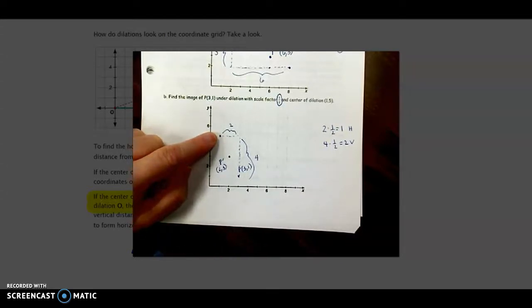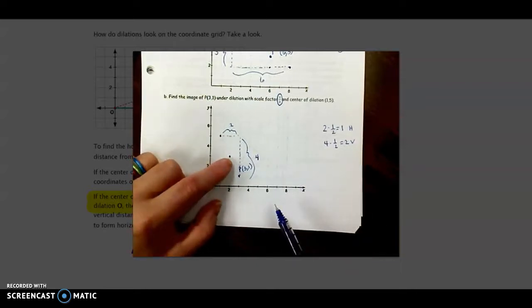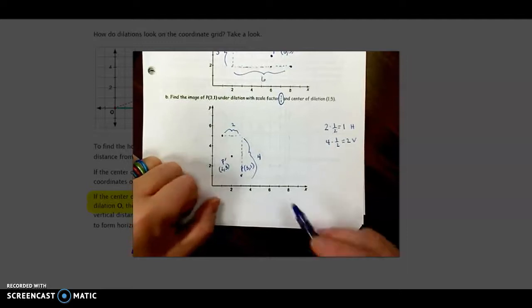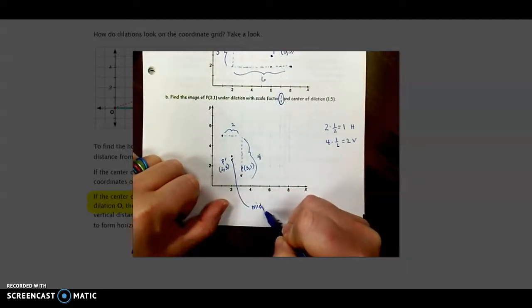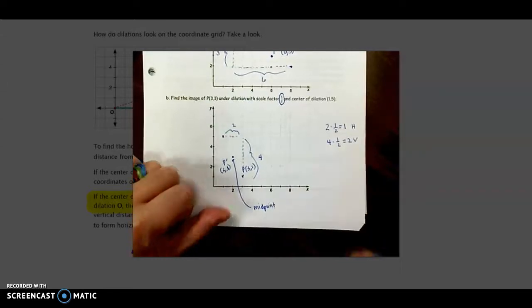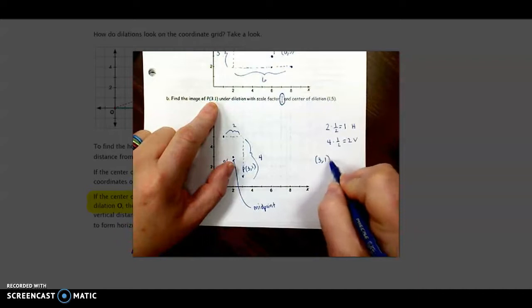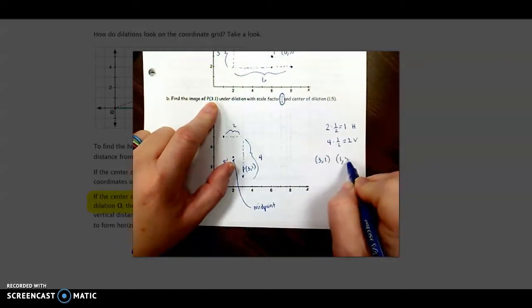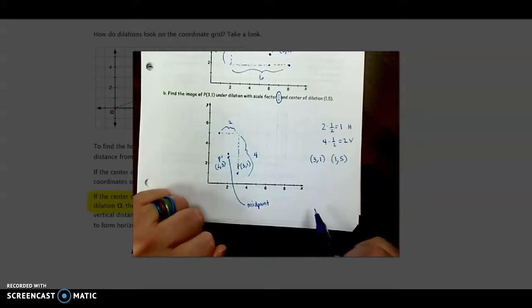Now, since my scale factor was 1/2, what's another name for that point right there? I hope you recognize that this is really the midpoint, since my scale factor was 1/2. So we have another way that we could have found the midpoint with those 2 points, 3, 1 and 1, 5, is really just averaging your x and your y coordinates.